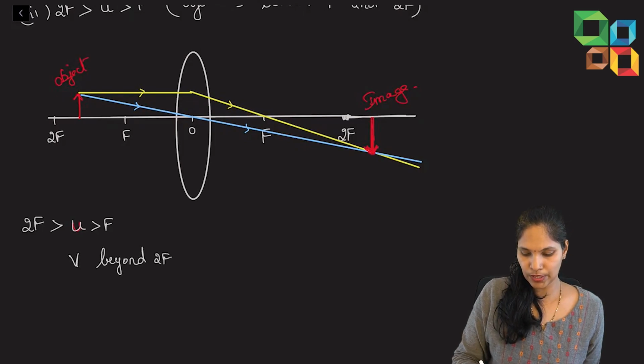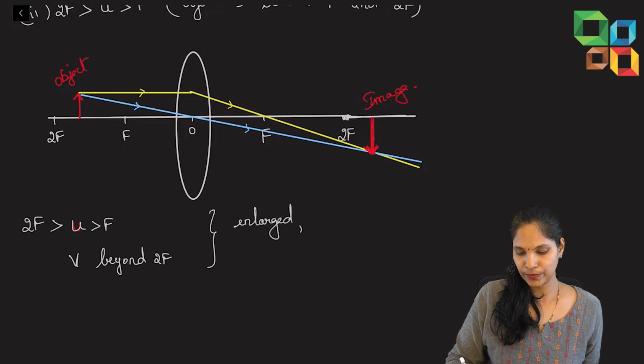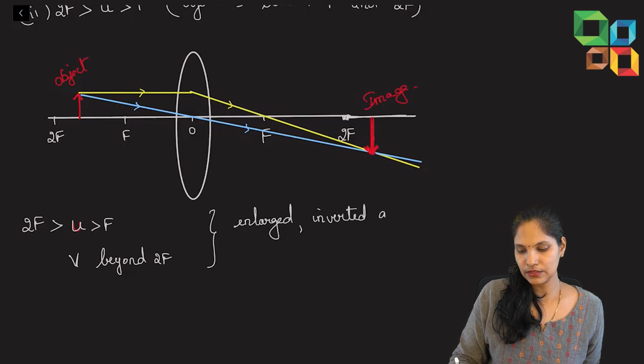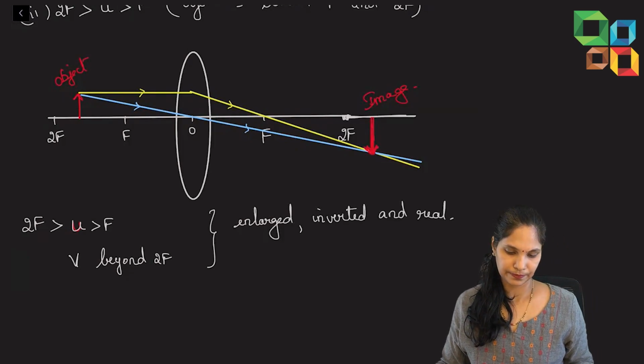Image is found to be beyond 2f. So what type of image you get? Enlarged, inverted, and real. Fine.